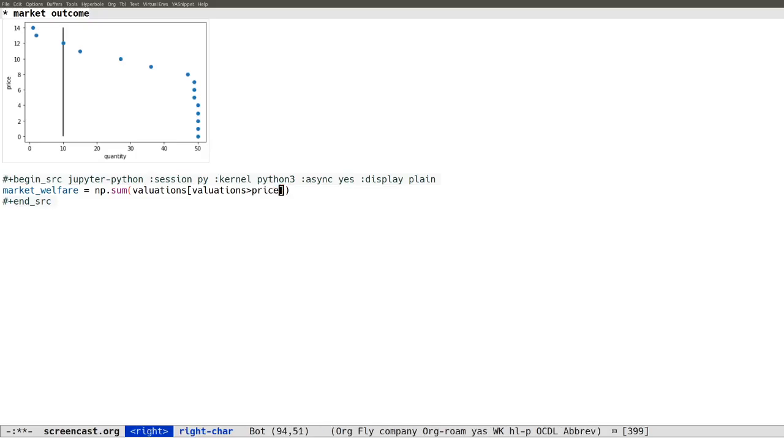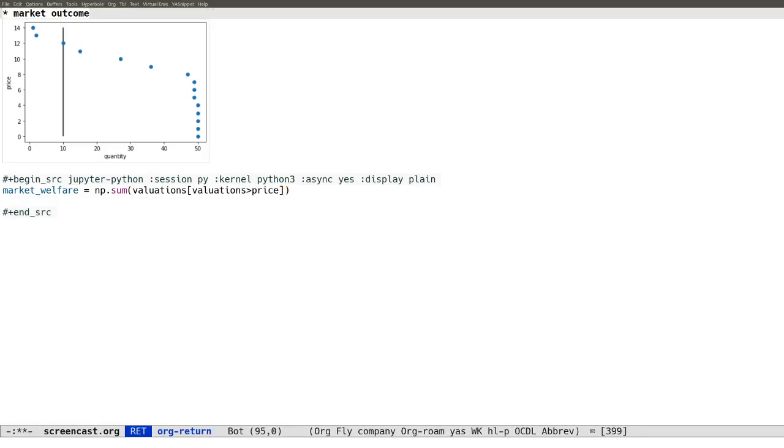Again, this is going to be an array of booleans, true and false, and we're only going to look at the valuations where they are bigger than the price, and then we sum them, and that will give us the market welfare.